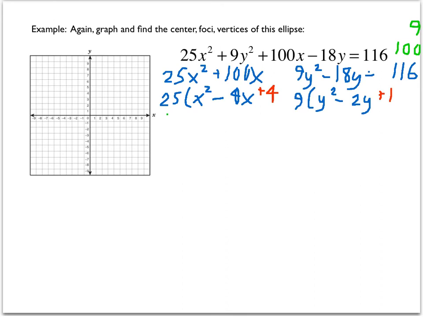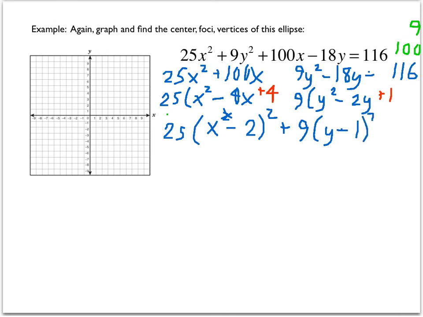So what I'm going to really end up with here then is I have 25 times the completed square. That's going to be x, excuse me, that 2 shouldn't be there, but it should be x minus 2 squared. Boo-boo right there. Plus 9 times y minus 1 squared. All this is going to equal, when I add these up on the right, I believe 225.